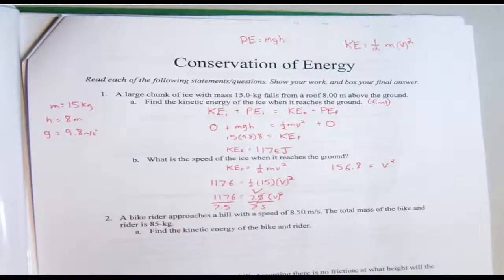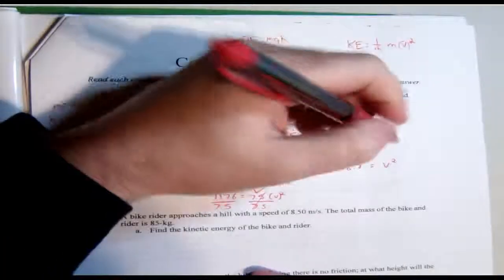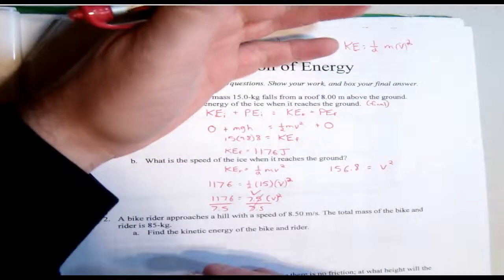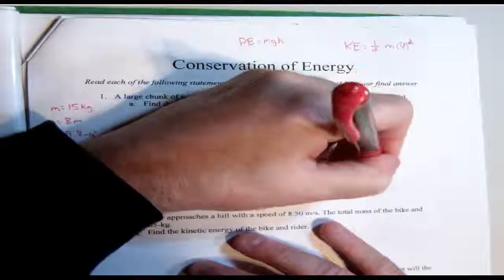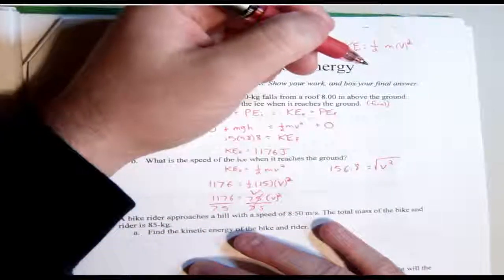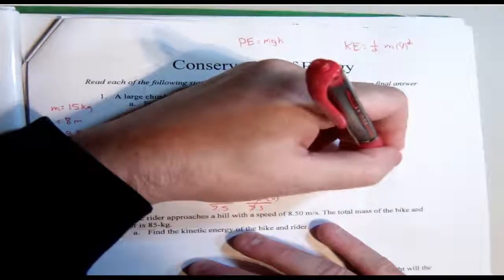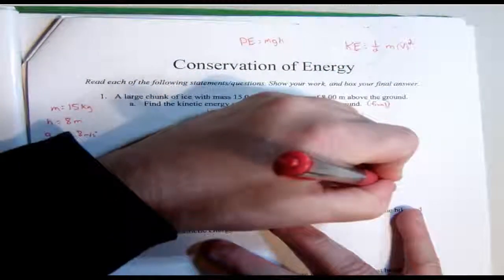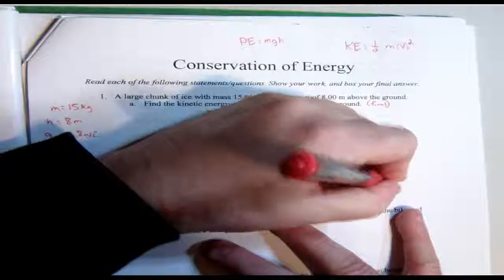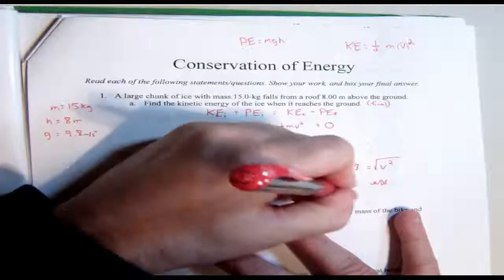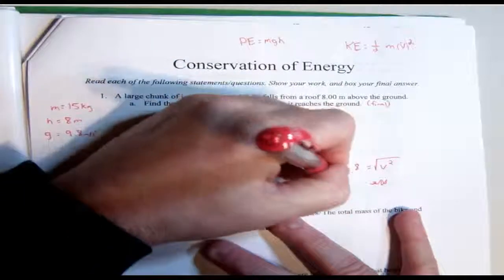So we got to get rid of that square. What we need to do is more or less the opposite of square, but we'll just say we need to get rid of that square by square rooting it. Okay, so we're going to square root this side. And we know the square root of velocity squared, or a variable squared, is just velocity, which I'm going to flip because I like my variables on the left. And now we got to square root this side.